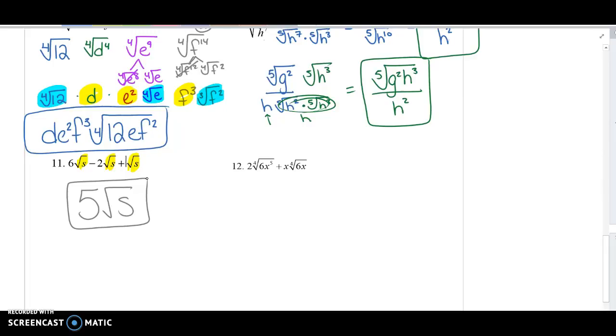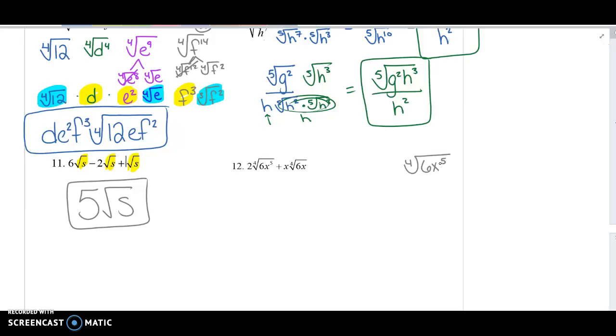Okay, number 12. Do you see a problem with number 12? Are the radicals the same? No, the first one has the 4th root of 6x to the 5th. So over here on the side, I'm going to take the 4th root of 6x to the 5th and see if we can simplify that radical at all.